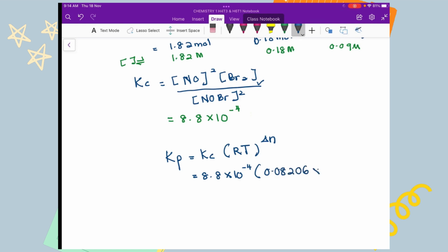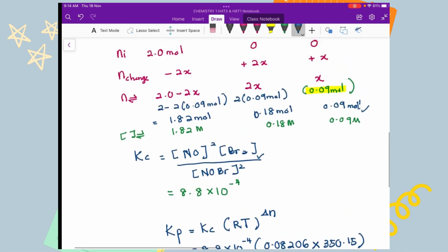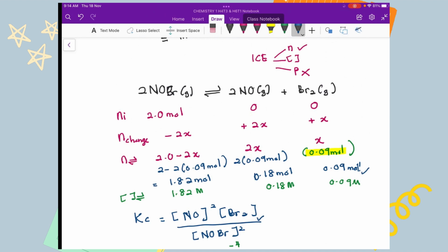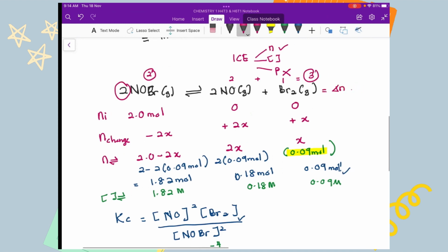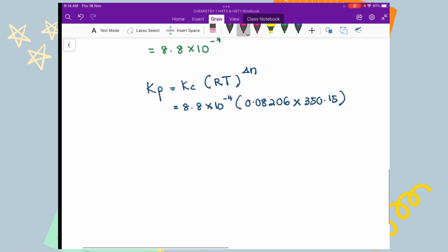T is your temperature in Kelvin, which is 77 degrees Celsius, so 350.15. For delta n, if we look at our equation, the products are 2 and 1, so the total is equal to 3, and the reactant is 2. So delta n is equal to 3 minus 2, which equals 1. Finally, we are supposed to get the final answer for Kp, which is 0.025.